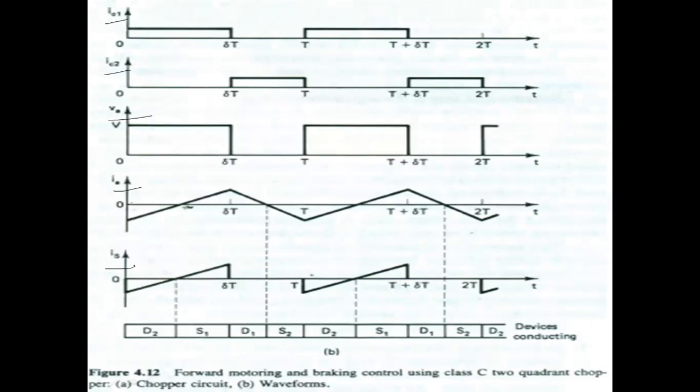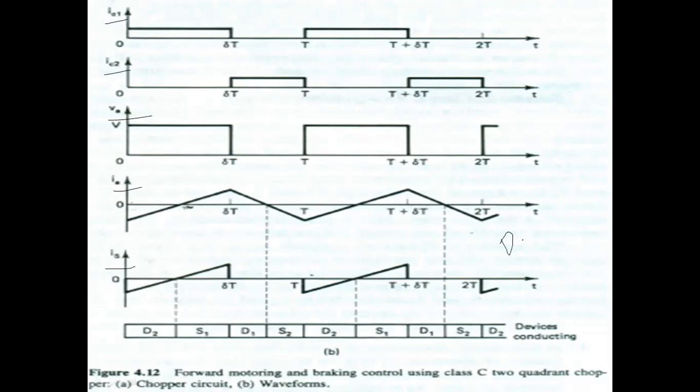If you observe the waveforms, I have said that a delay should be kept between the turn off of one switch and the turn on of the other switch. To keep the waveforms simple, I am neglecting the delay time, but actually there will be some delay time.